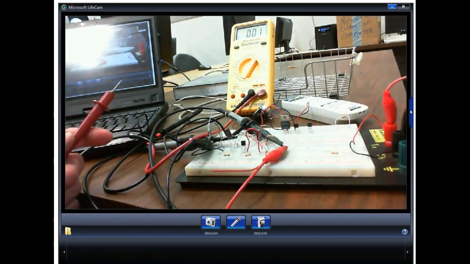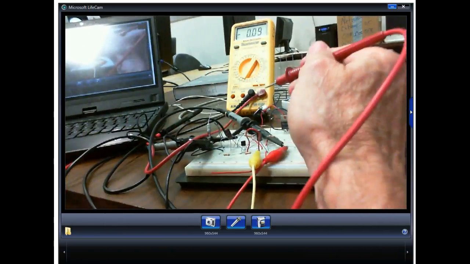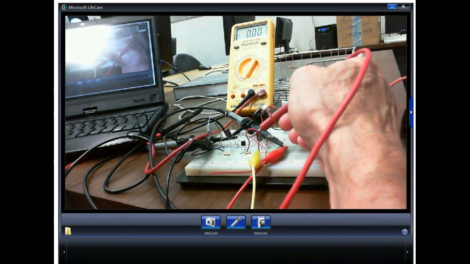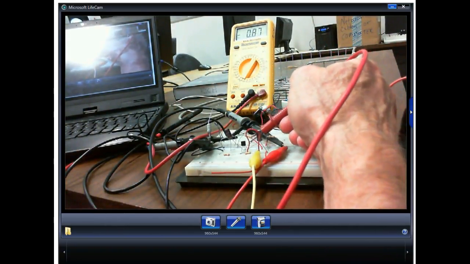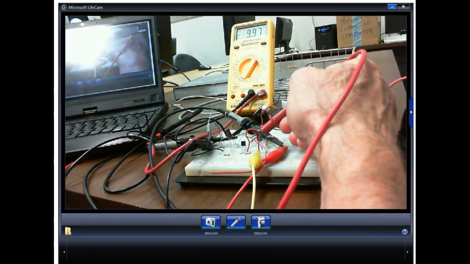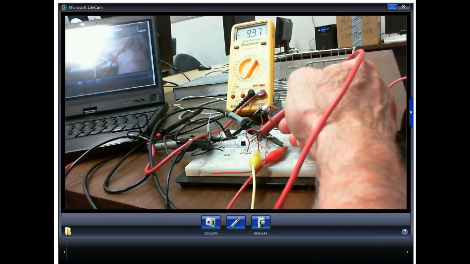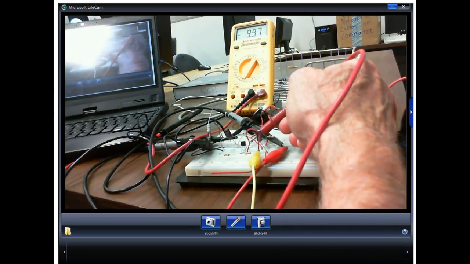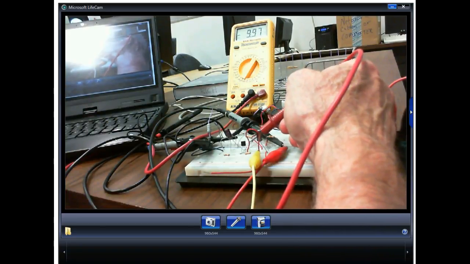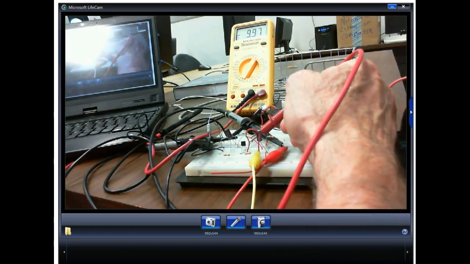Collector to emitter. Here's my collector. Here's my emitter, where it would be connected. And like I said, most people want to measure to the emitter, but remember the emitter is what? Open. So we have to measure to the resistor the emitter is supposed to be popping, and this is what we expect. So the transistor is definitely cut off, right?